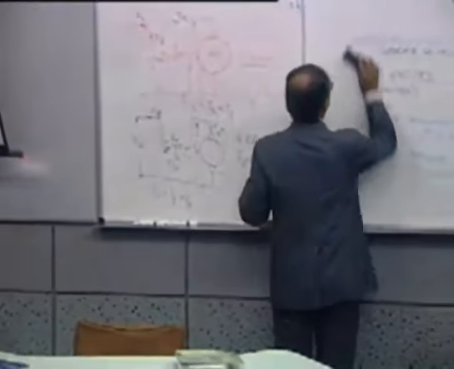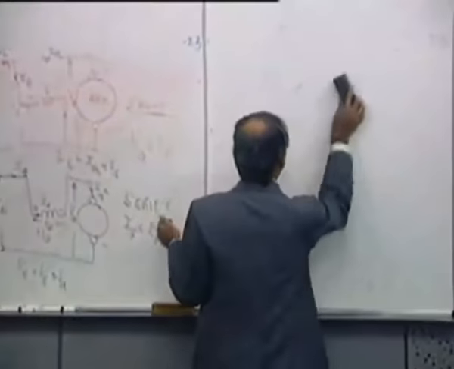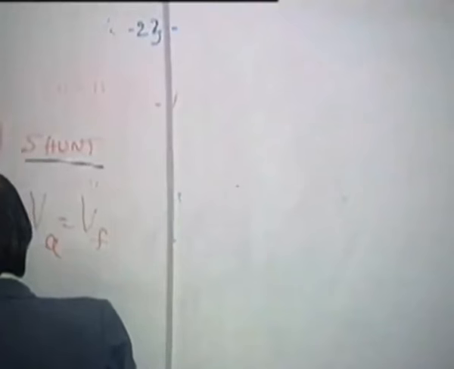A compound machine has both series and shunt. Okay. So next one is of course self excited, but it is a compound machine.